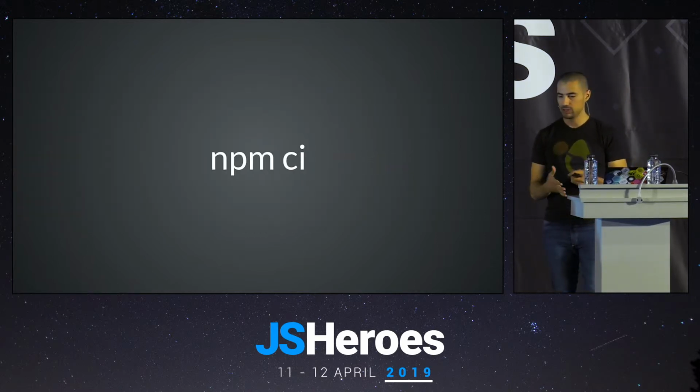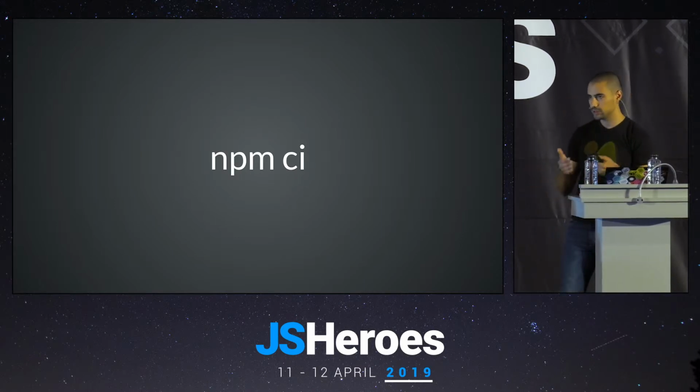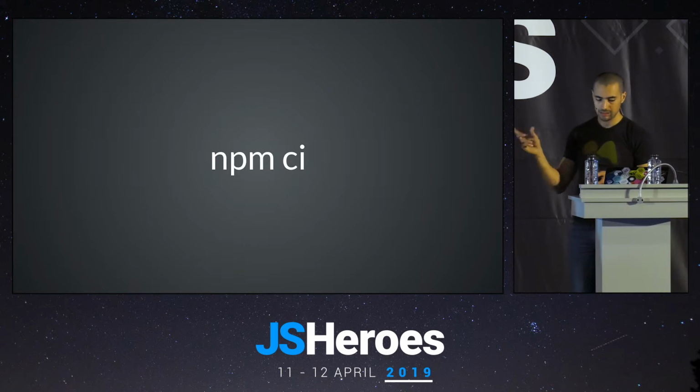Another improvement that you can use while having lock files is this amazing command that basically installs your dependencies, but kind of faster. And I have a hypothesis on why this is the case. Both pnpm and Yarn don't offer an alternative for this.